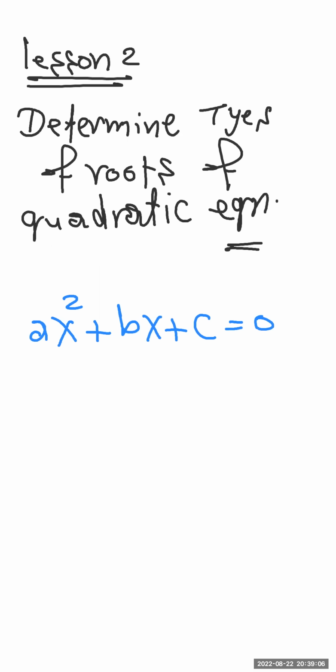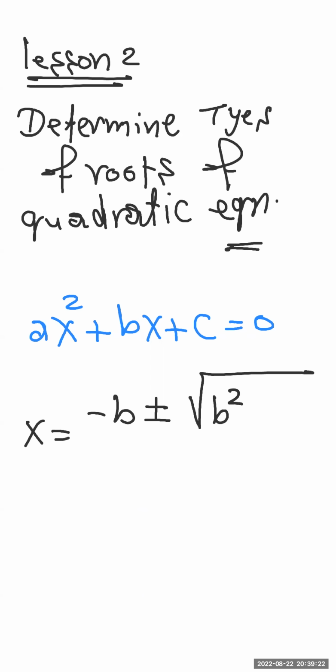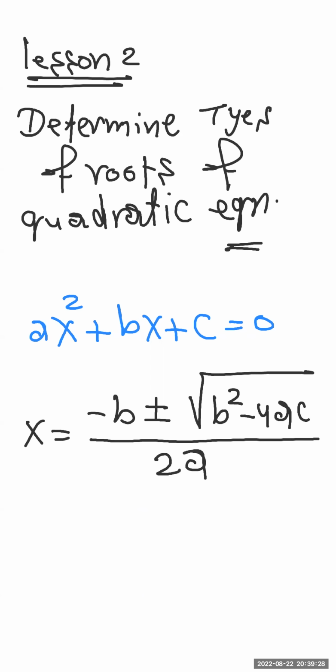To solve this equation by using the general formula, we can get the two roots by this rule: x equal negative b plus or minus square root of b squared minus 4ac over 2a. So this is the general formula to solve the equation.